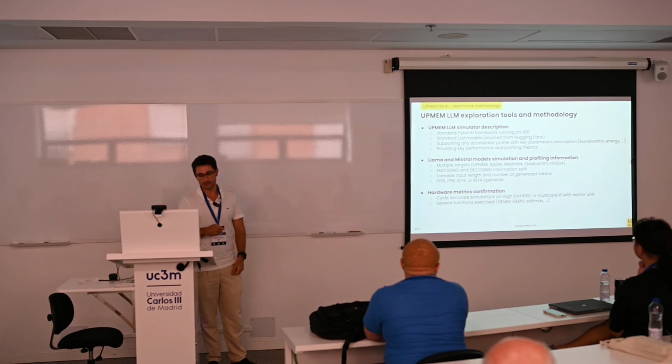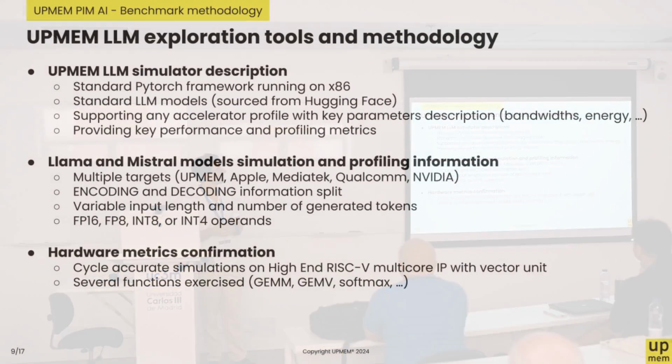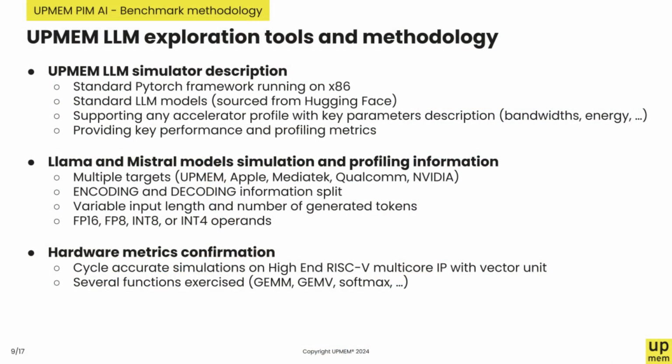For the evaluation, we developed an LLM simulator, a high-level simulator with standard PyTorch running on x86. It can run any LLM model, or almost any neural network developed in PyTorch. The numbers that I will show you in the following slides are sourced from Hugging Face without any modification.